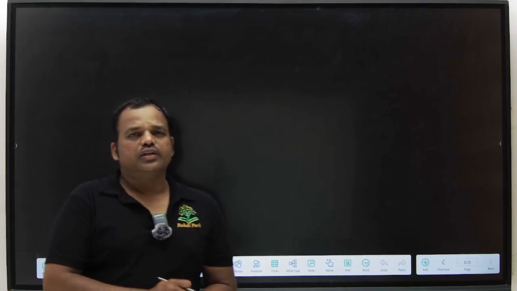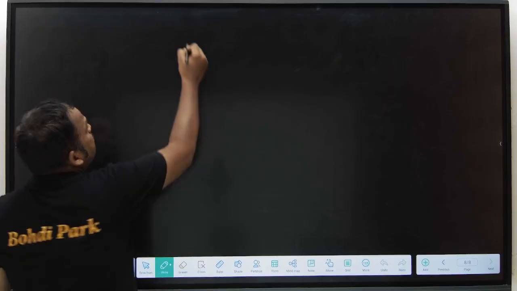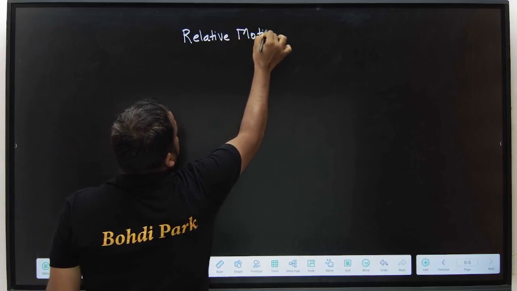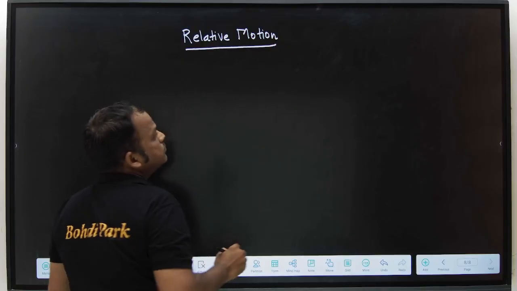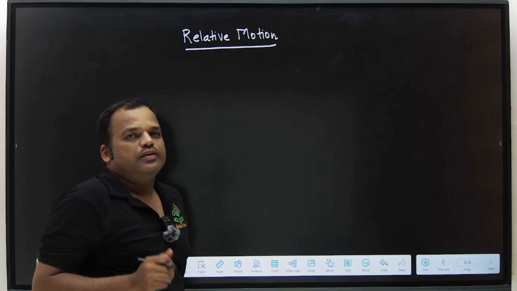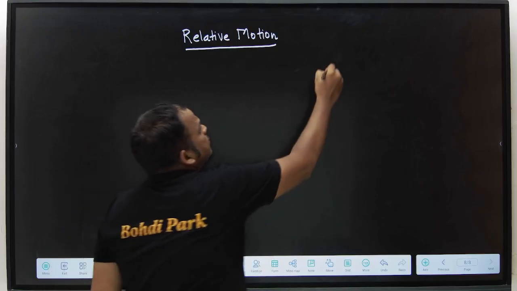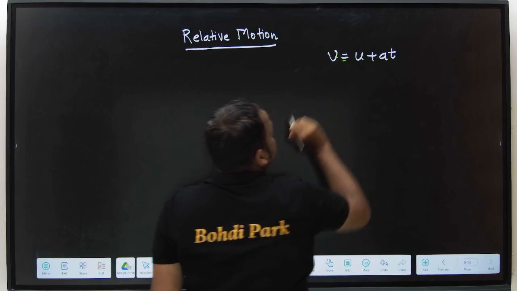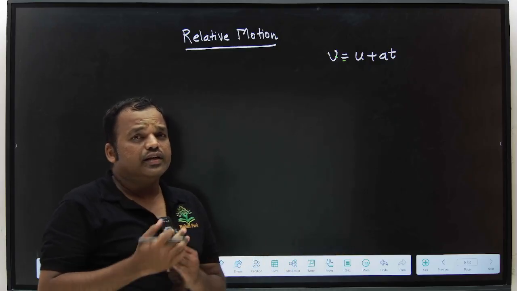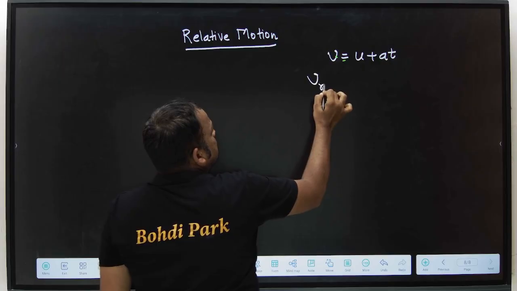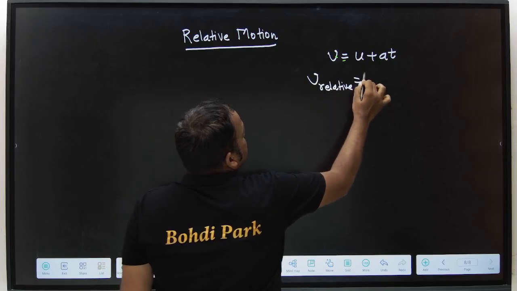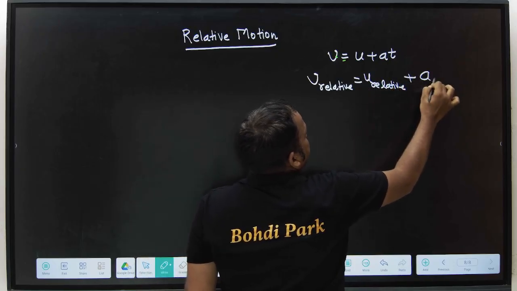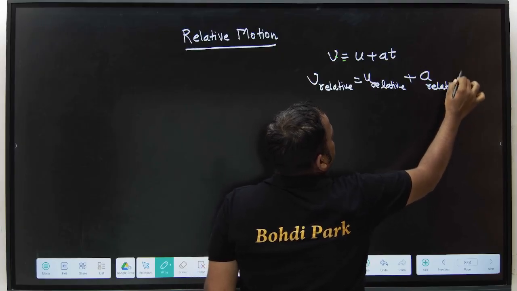Let's use one more short trick in relative motion. We have an equation of motion v is equal to u plus at. So when we consider relative motion, it becomes v relative is equal to u relative plus a relative into t.